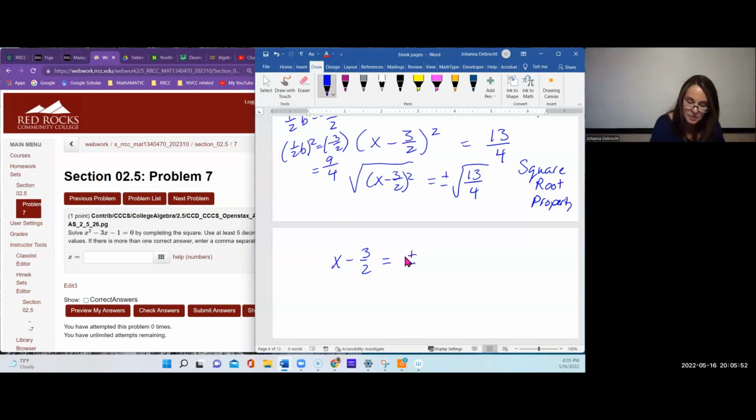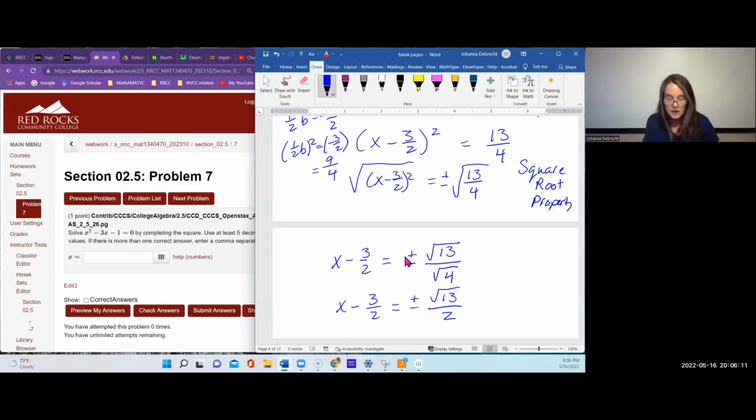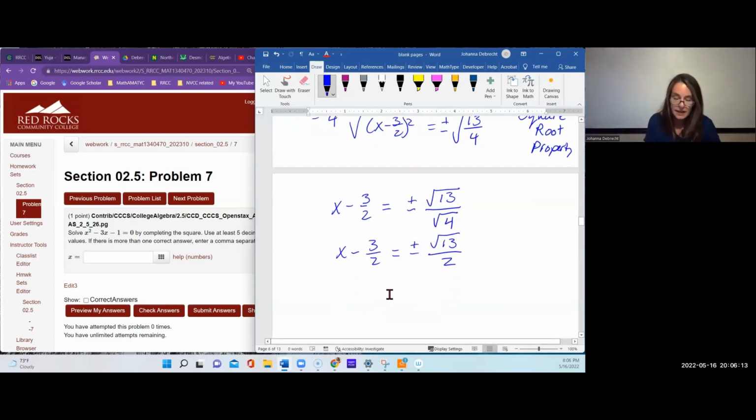This then becomes plus or minus the square root of 13 divided by the square root of 4. The square root of 4 is 2, which lets us write x minus 3/2 equal plus or minus the square root of 13 divided by 2. Then we can add the 3/2 to both sides to isolate x.